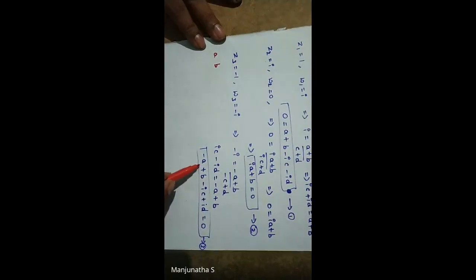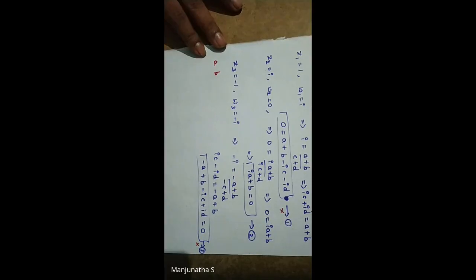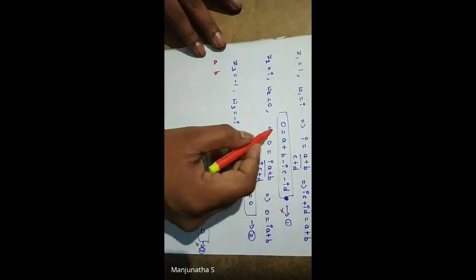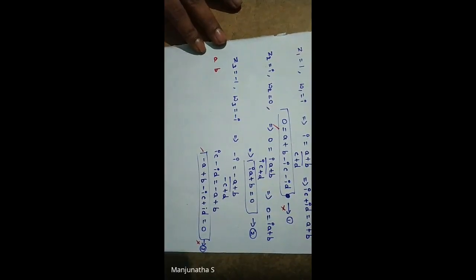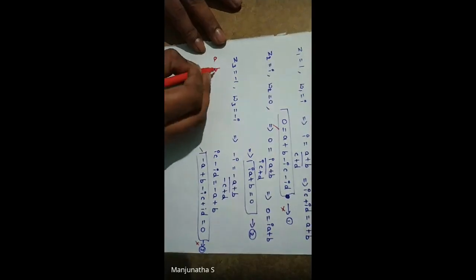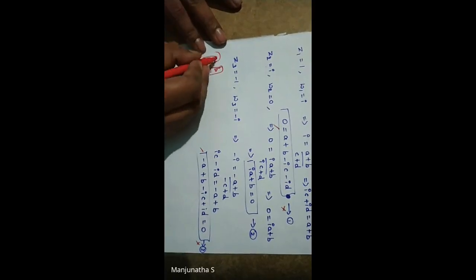The third equation is not possible because all 4 constants are there. So I need to make another equation having just three constants, or two constants also, which should be common to b, like b also should be there, or a. At least one of these constants should be common.